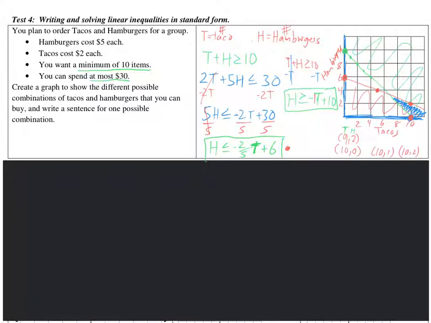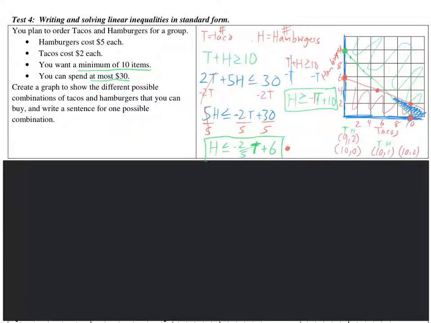At 9 tacos and 2 hamburgers, would I be under my $30 limit? Yes. If I bought 10 tacos, remember these are tacos and hamburgers, and 1 hamburger, would I be under my limit of $30? Do you catch the idea? Any coordinate in this little blue shaded region, these are all the coordinates, are possible combinations of tacos, hamburgers that I could buy under 30, but a minimum of 10.